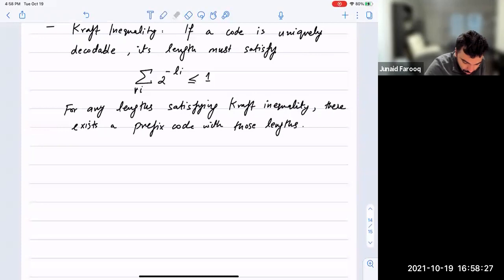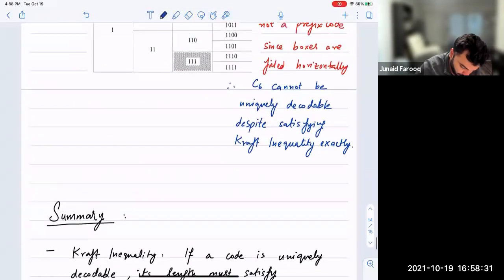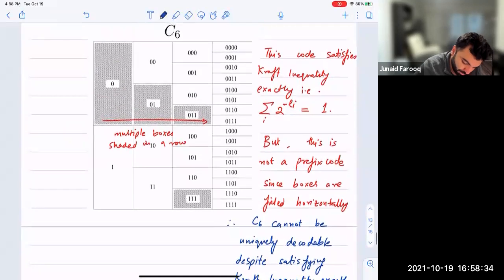Okay, so it's actually intuitive, because we've seen this big chart here. If the sizes of the boxes that we have to pick are smaller than 1, which means it satisfies the Kraft inequality, then obviously there is a possibility that you can put them in places that make them prefix codes.